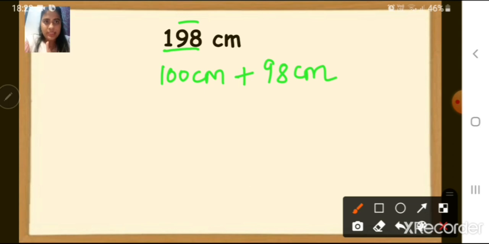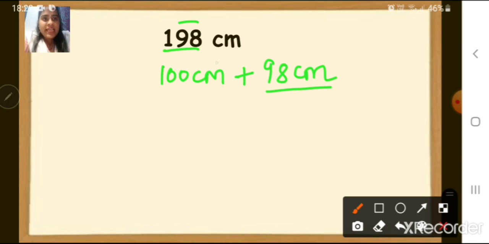Step 1 is to expand the number in hundreds place. So it will be 100 centimeter plus 98 centimeter. The next step is, see, 98 centimeter is in 2 digits, correct? So that we are not going to touch.